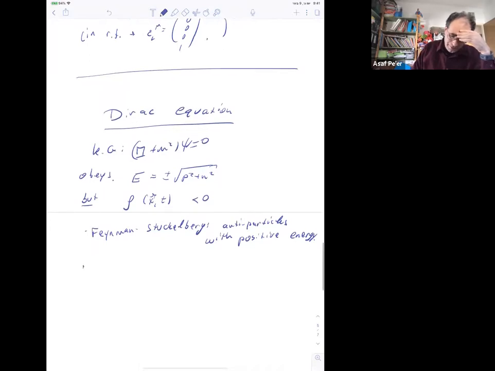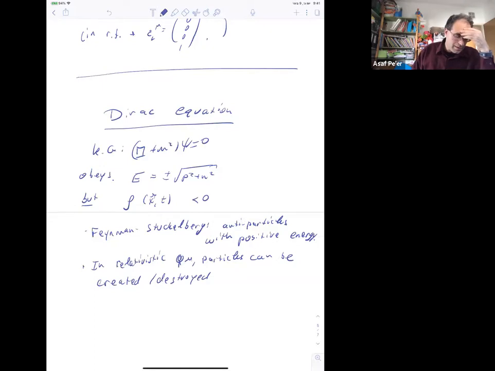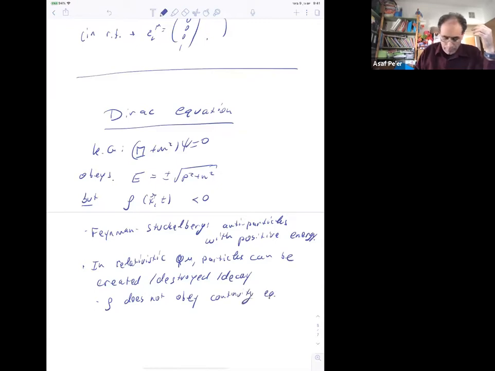So in relativistic quantum mechanics, particles can be created, destroyed, or decay, so the probability density does not obey the continuity equation. Quantum field theory knows how to handle that.